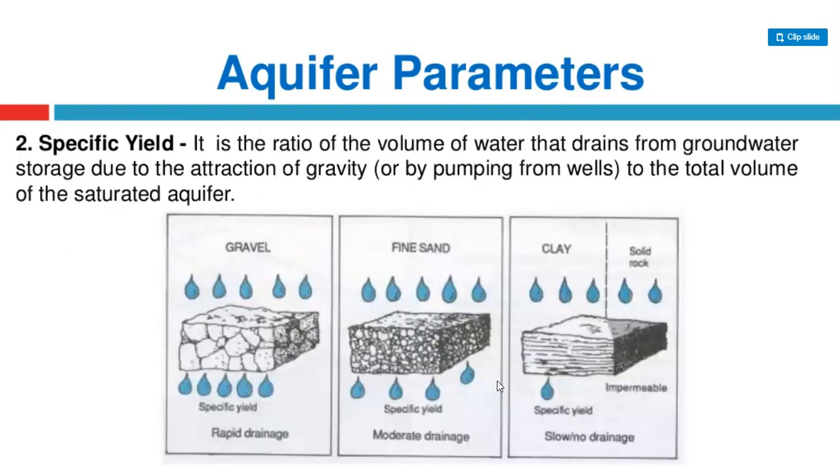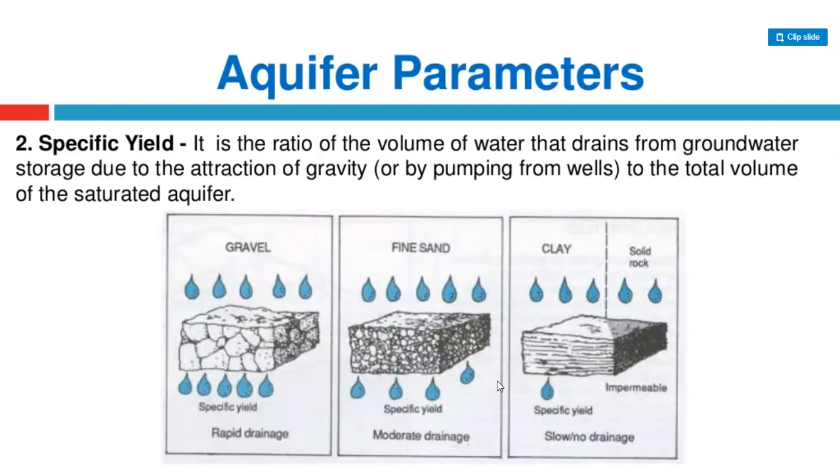So specific yield. It is the ratio of the volume of water that drains from groundwater storage due to the attraction of gravity or by pumping from wells to the total volume of the saturated aquifer. That is called the specific yield.